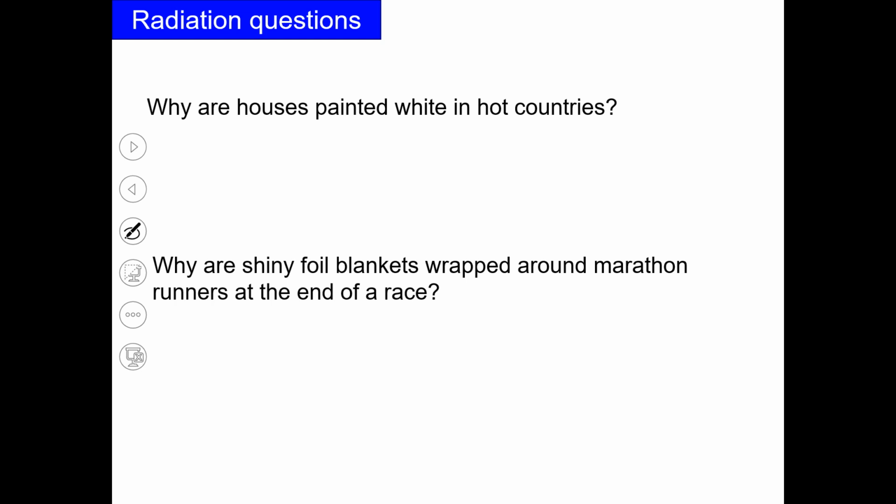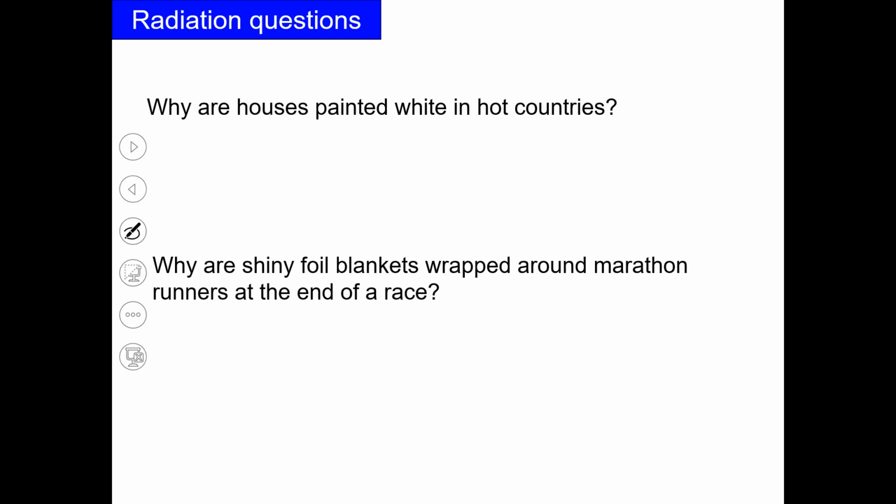Questions about radiation. Why are houses painted white in hot countries? Think, for example, in Iraq, in Basra, it is very hot. Generally the color of houses is not dark. Why?